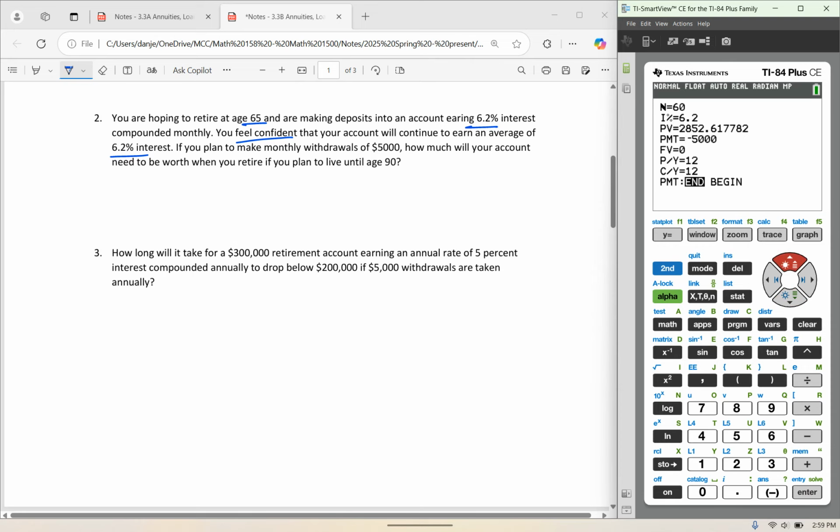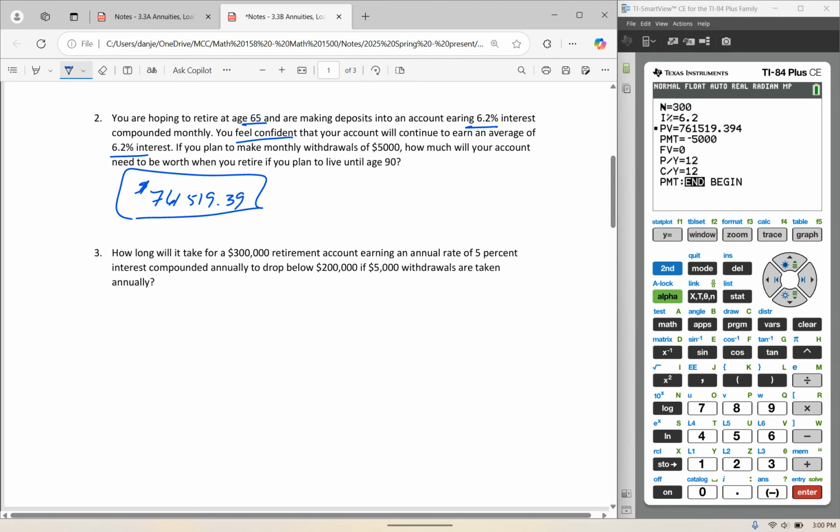Now, 90 minus 65 is 25, so I need this account to last me 25 years, which is 300 months. So the present value of my account, Alpha Solve, will need to be $761,519.39. I would need $761,000.